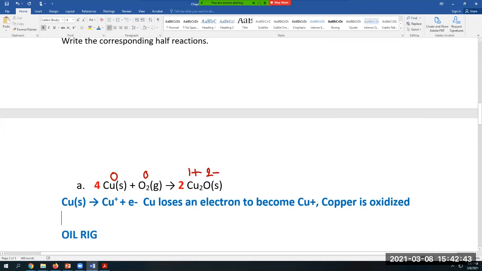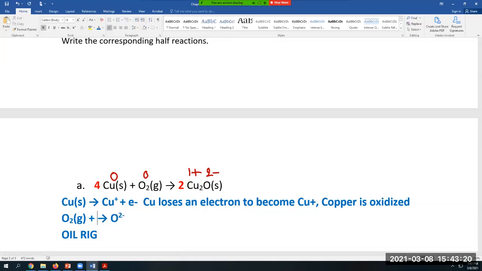So for oxygen, what happens to oxygen? We start with oxygen as O2, the gas, so in its elemental state. And it becomes O negative 2, the oxide ion in the copper oxide. So for O2 to become O negative 2, it needs to gain 2 electrons, because you see that, from the left to the right, there are 2 extra electrons now on oxygen.